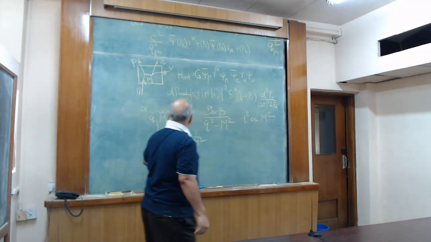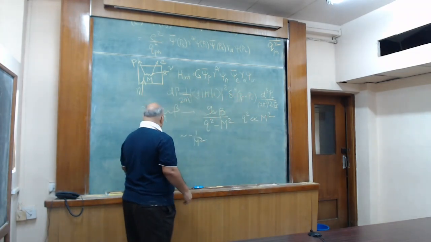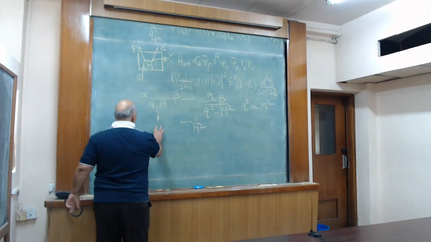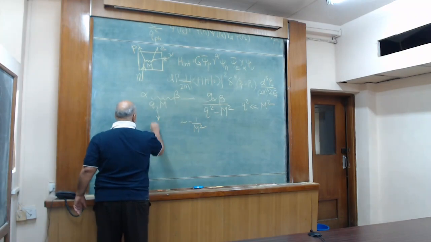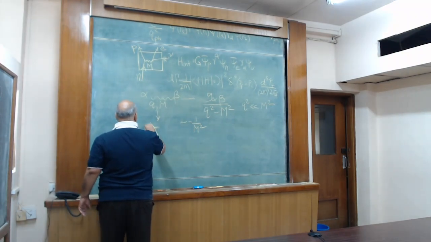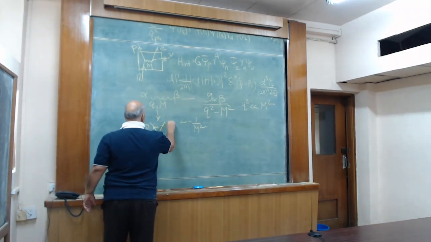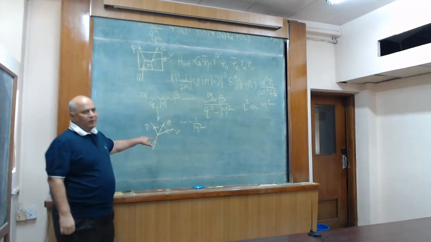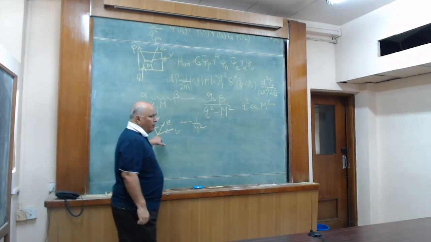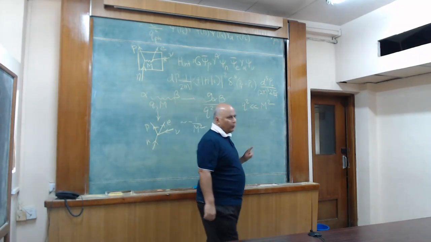So we say that all the 4 fermions are interacting at a single point.